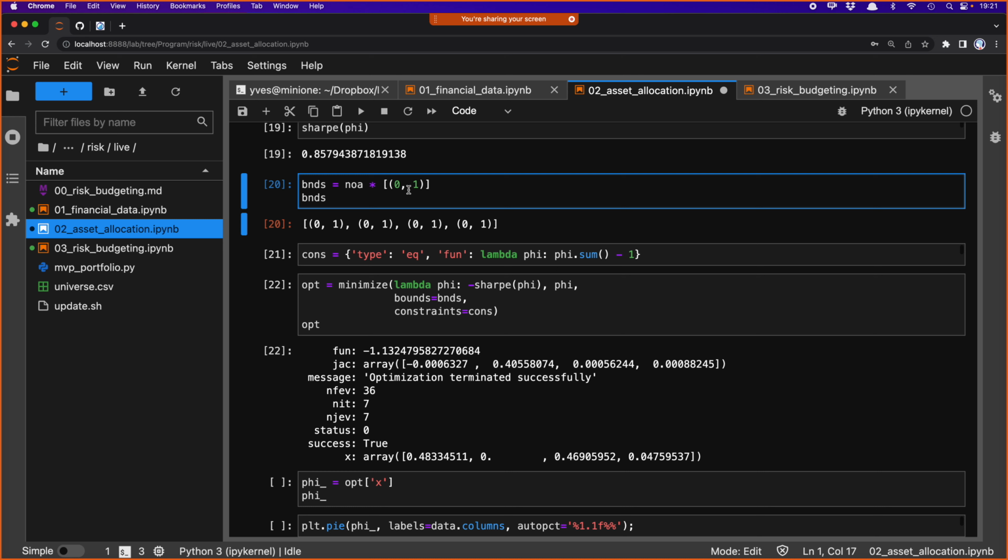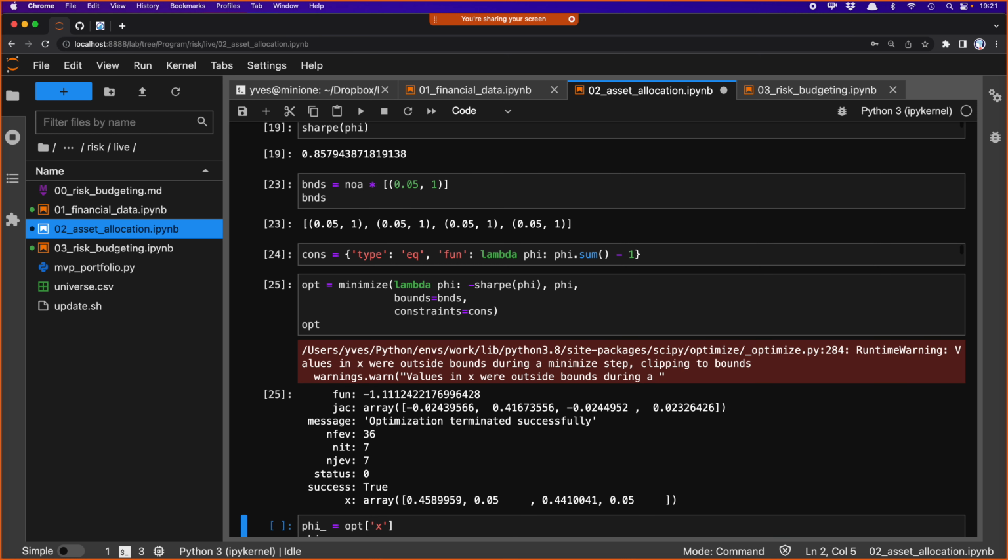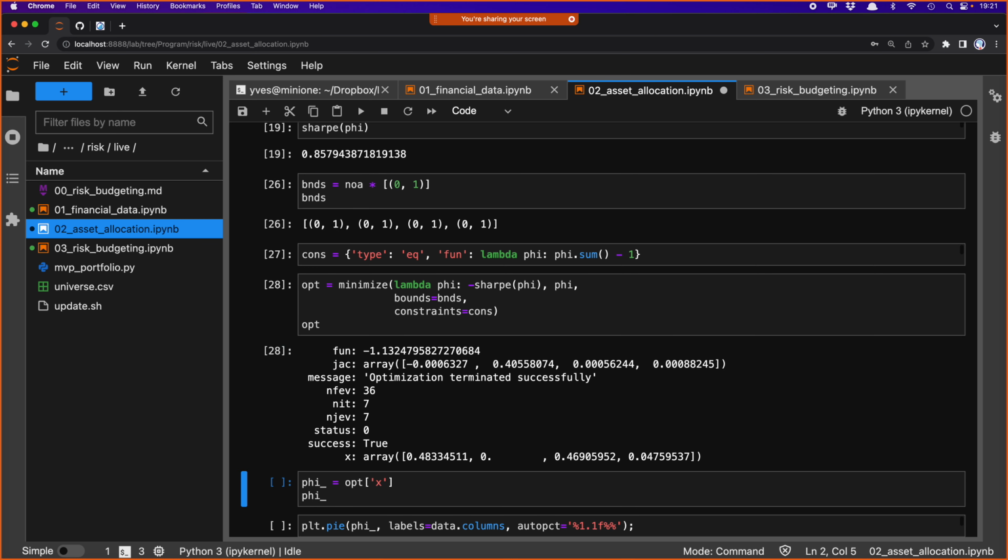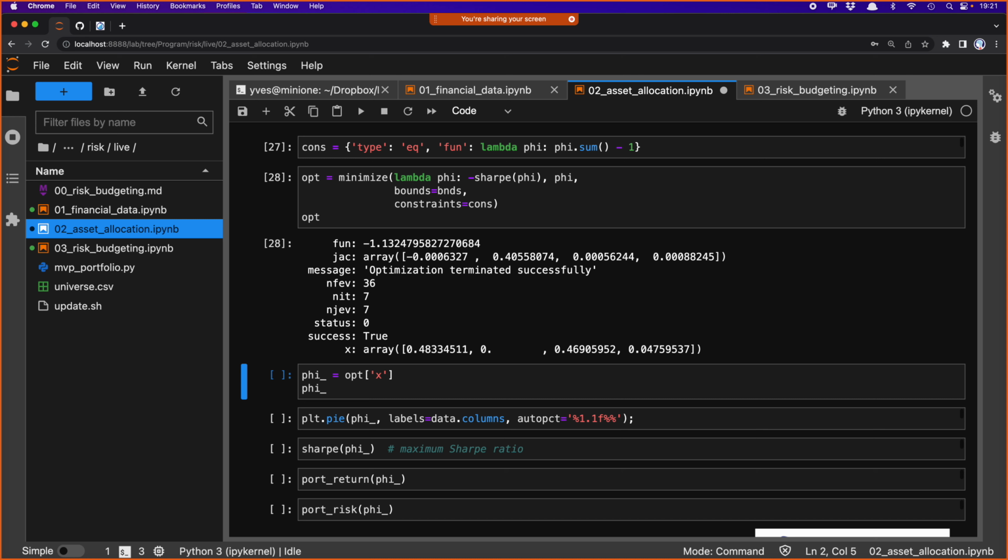I could set a lower boundary here so that everything is invested at least with 5%, but that's not built into the approach. This would be something forced beyond the base optimization.